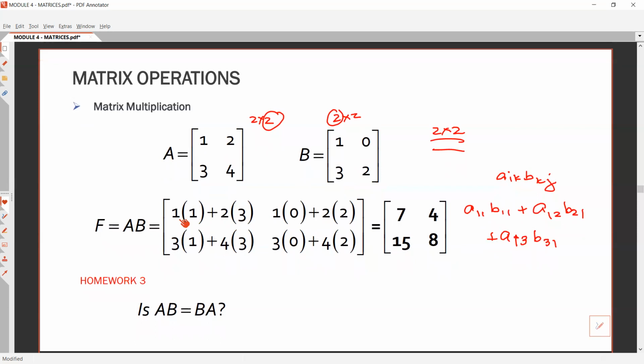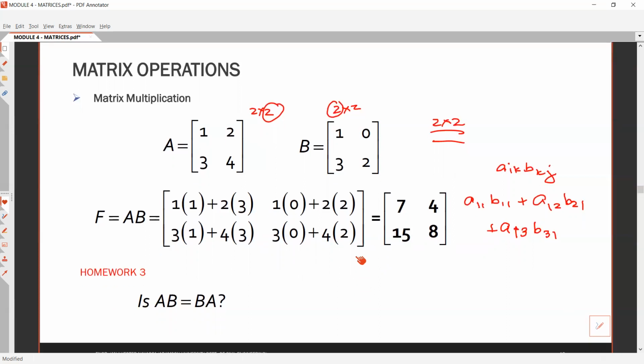So ito multiplied by dito, we have this one. Ito multiply mo dito, we have this one. Ito multiply mo dito, we have yung 4. And ito multiply mo dito. Ito multiply mo dito, we have 8. So Aik, Bkj. So recall nyo na lang yung matrix multiplication or yung linear algebra nyo.